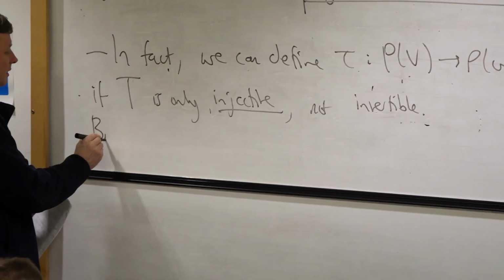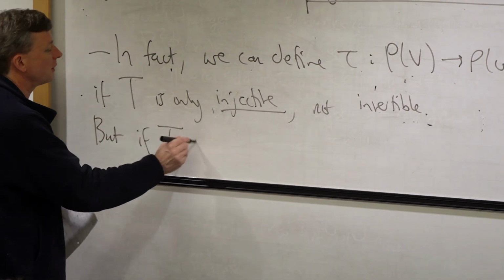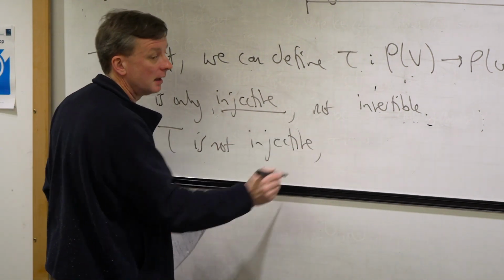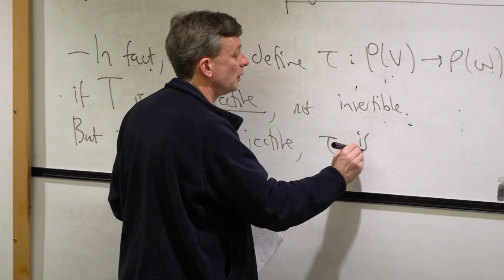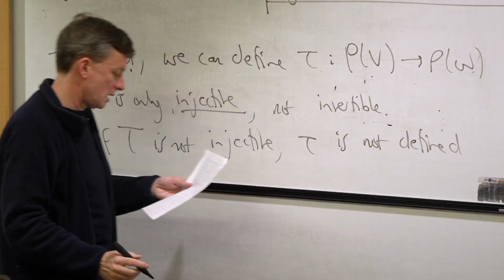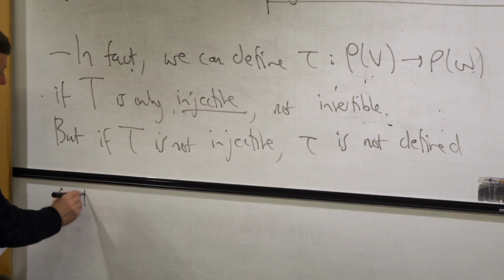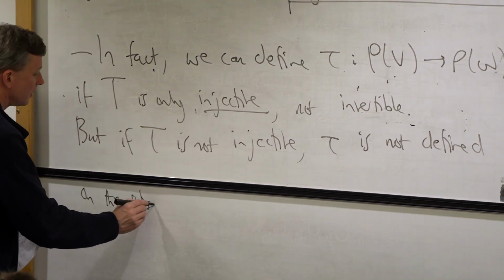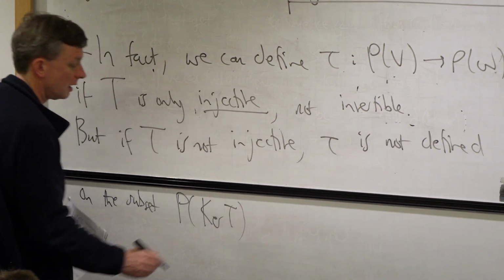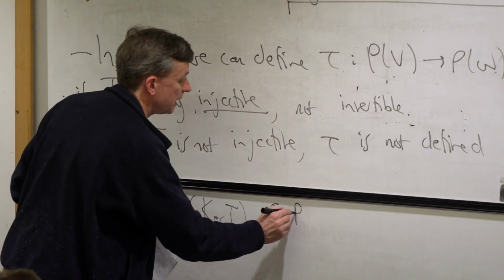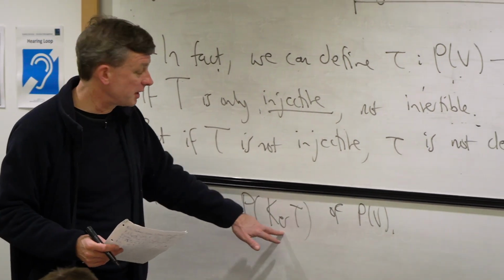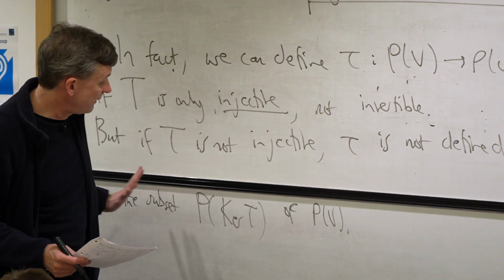But if big T is not injective, then tau is not defined on the subset P of the kernel of big T in P of V. So if v is a non-zero vector in the kernel, then T v takes it to 0.